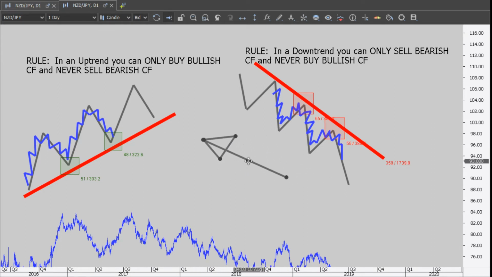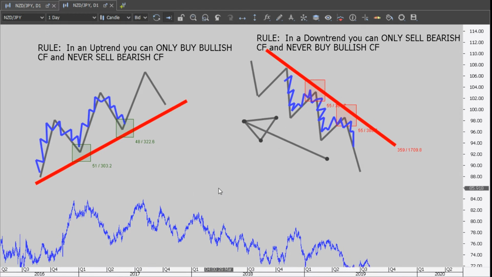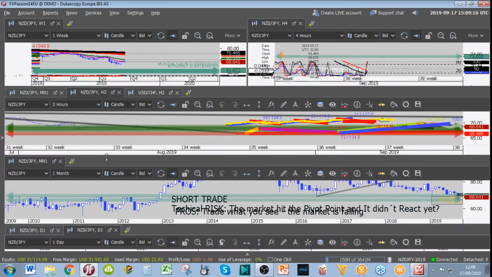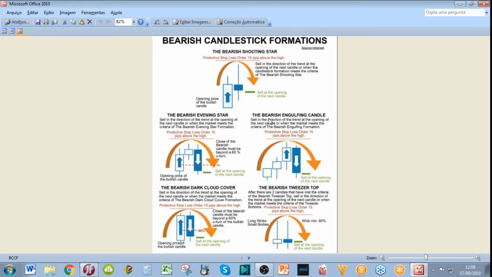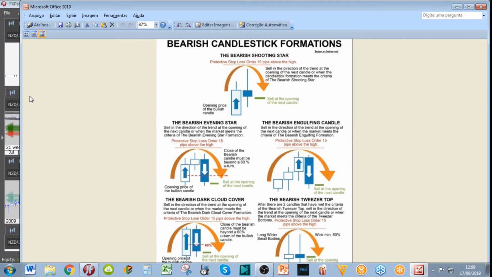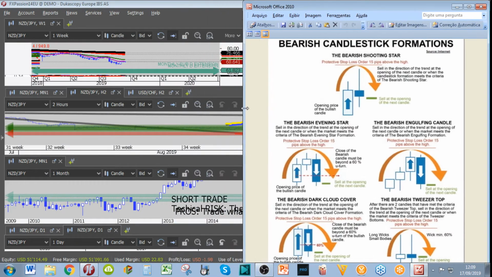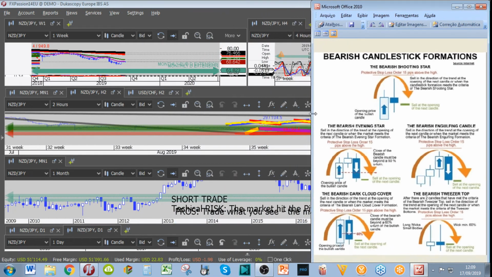Now today we are going to learn about bullish and bearish candlestick formations. Okay, so if you didn't take a screenshot of this, just take a screenshot and put it on the side of your screen if you can.